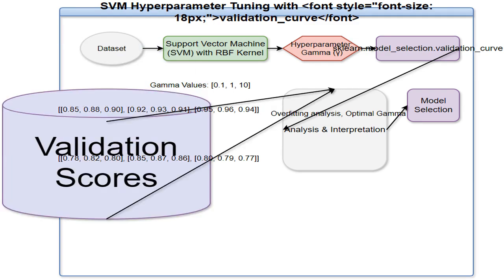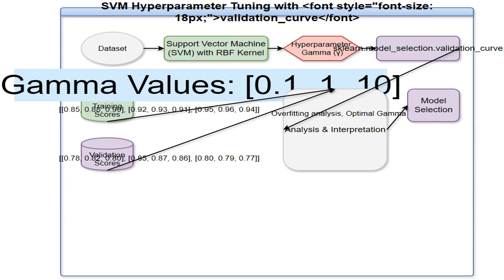These scores, 0.78, 0.82, 0.80, 0.85, 0.87, 0.86, 0.80, 0.79, 0.77, indicate the model's performance on unseen data. These are crucial for evaluating generalization ability.